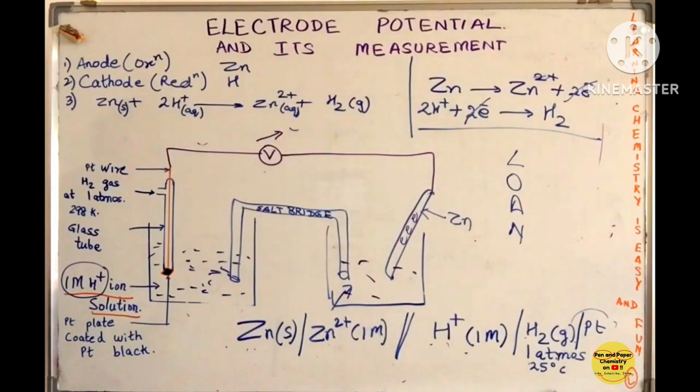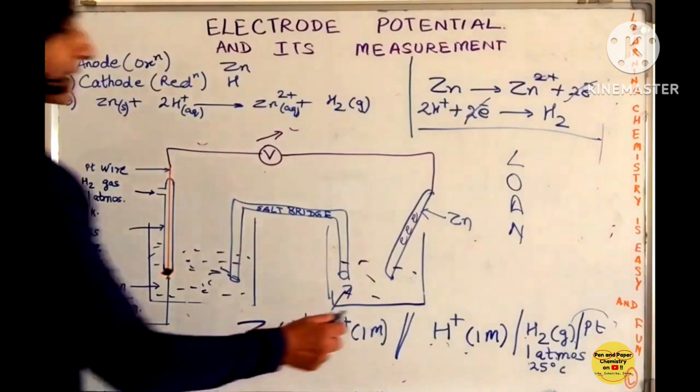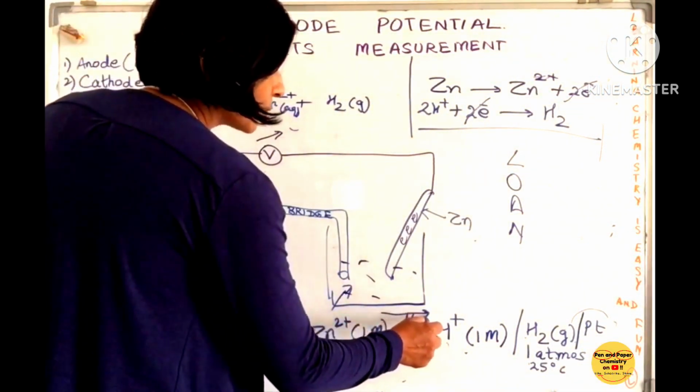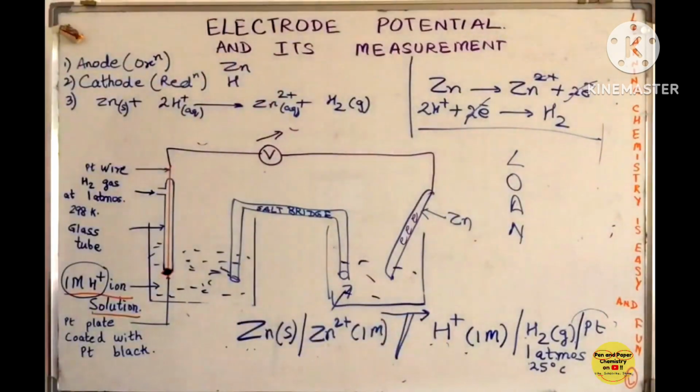Can you tell me what is missing in my representation? Perfect. The direction of flow of electrons, which is from zinc to hydrogen. Correct? I love the smile on your face and the confidence that you are showing in understanding this topic.